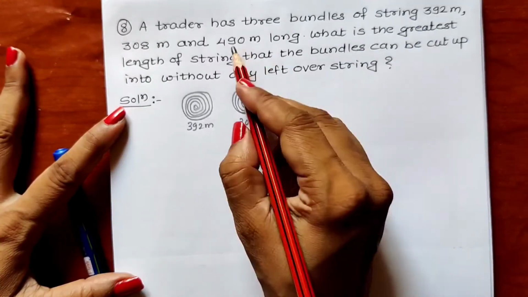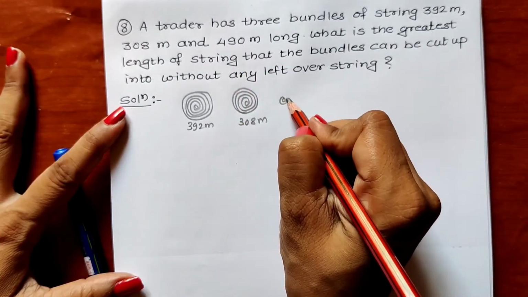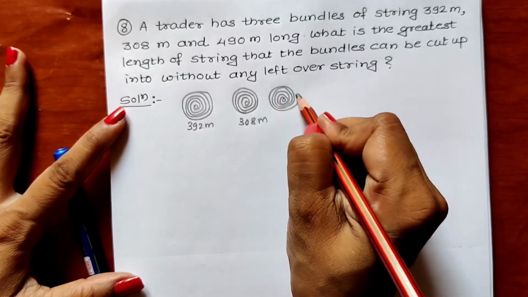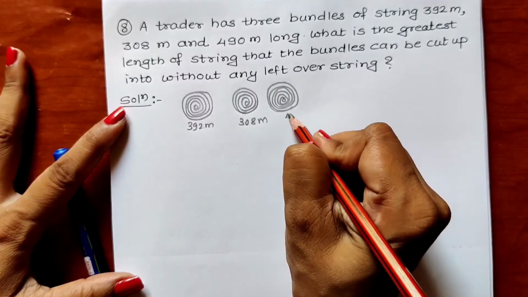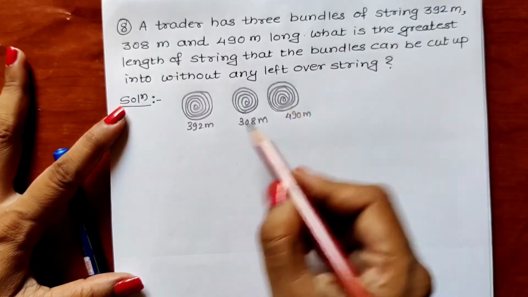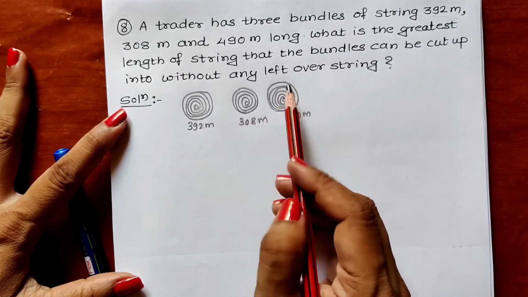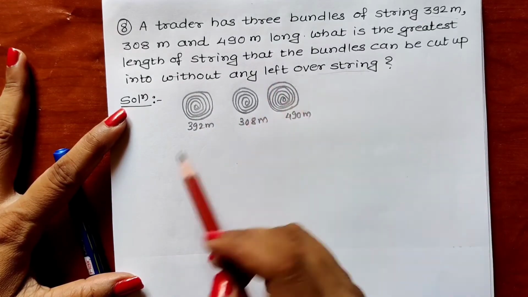Then there is a bundle of 490 meter. Like this. And then we have to cut this bundle of string into equal pieces of string so that there should not be any leftover string.